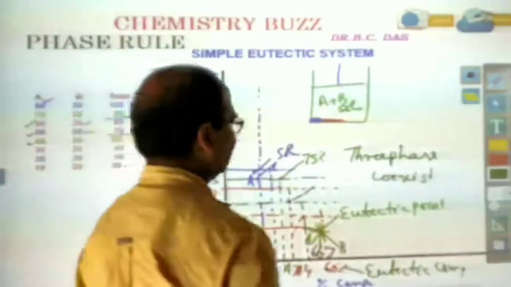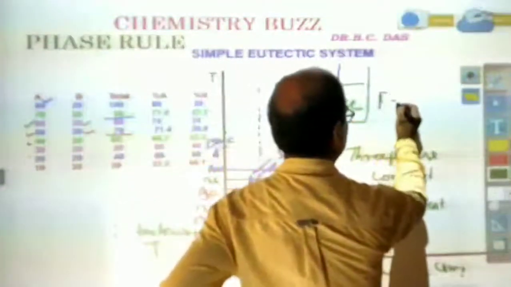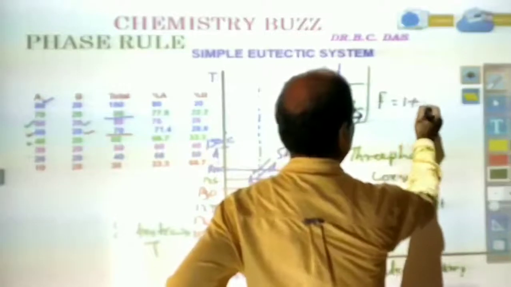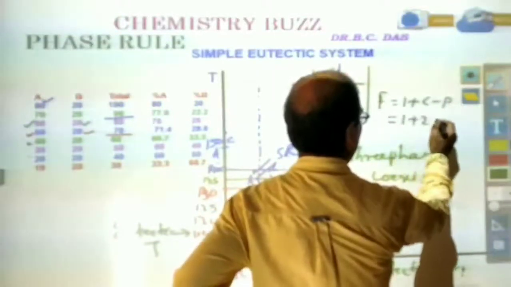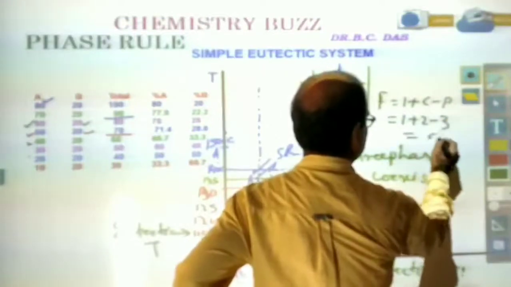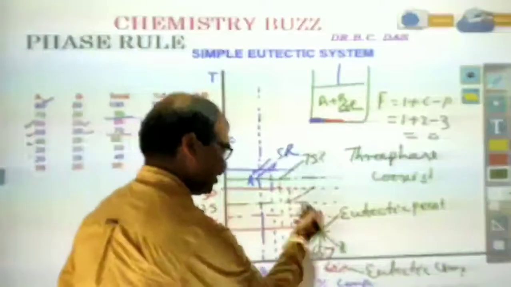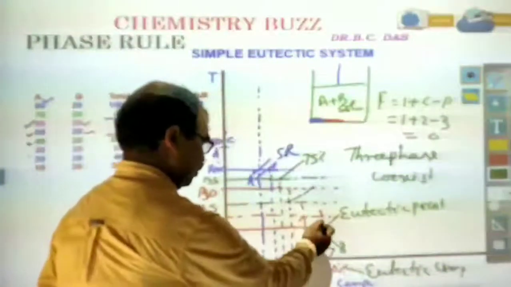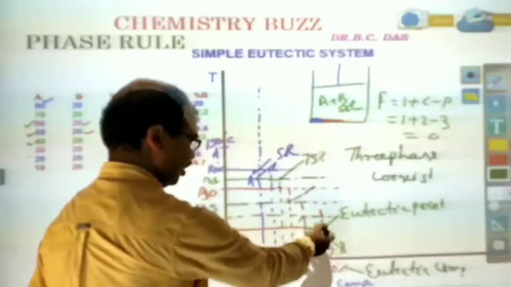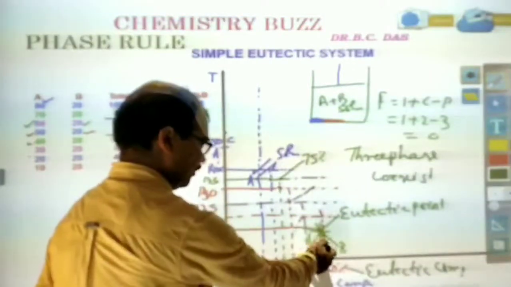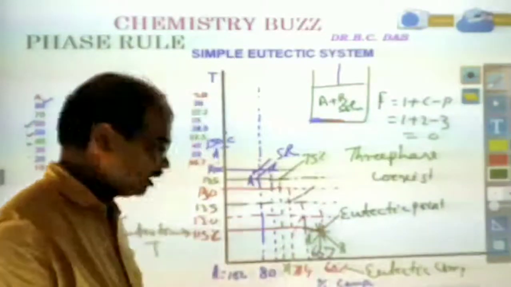We have the condensed phase rule, F is equal to 1 plus C minus P, so 1 plus 2 minus 3, that is 0. So this point is invariant, that is, this point is fixed. At this point the composition remains the same, and A and B get separated out.